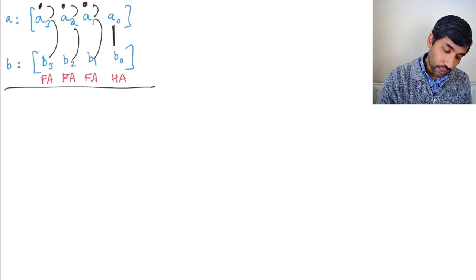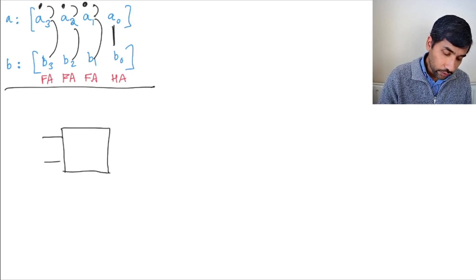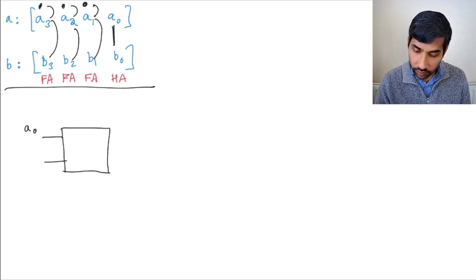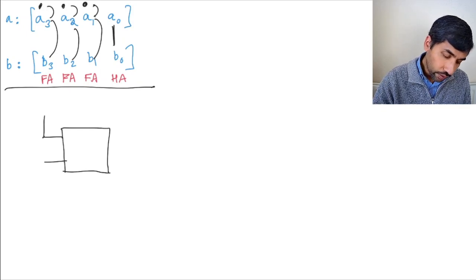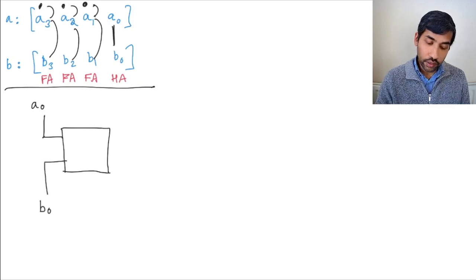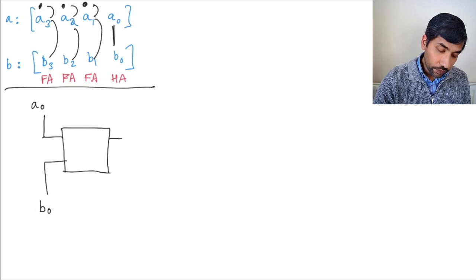So let's say you have a half adder here, and the input to the half adder is what? Let me draw it in a specific form so that it becomes a little bit nicer to look at. So you have A0 here, and let's write B0 here, and then you have the sum.